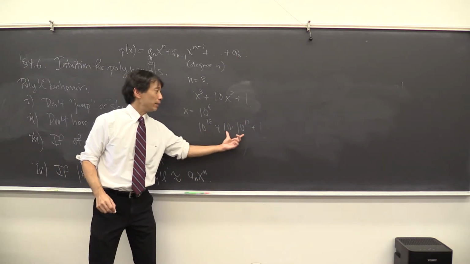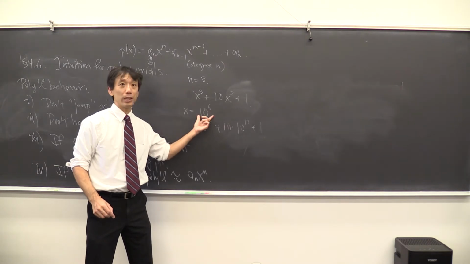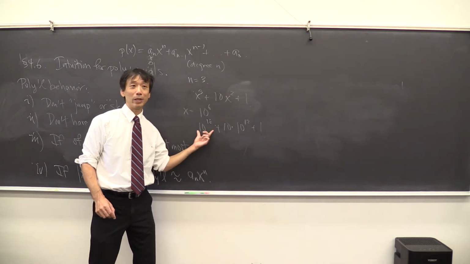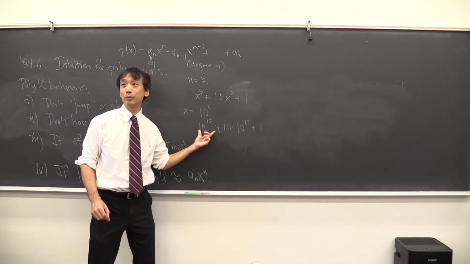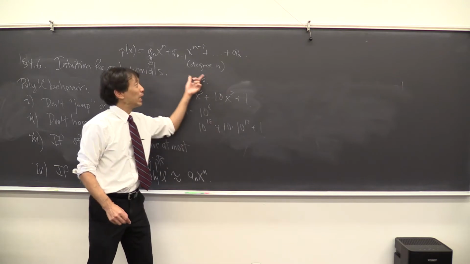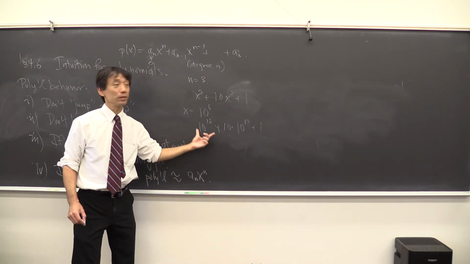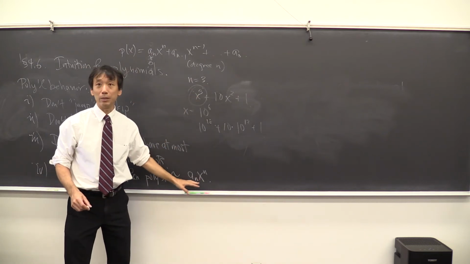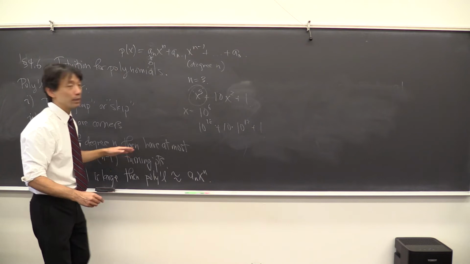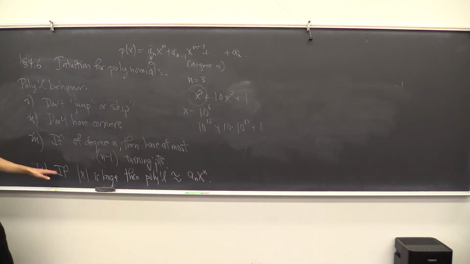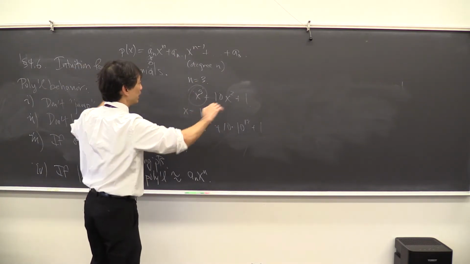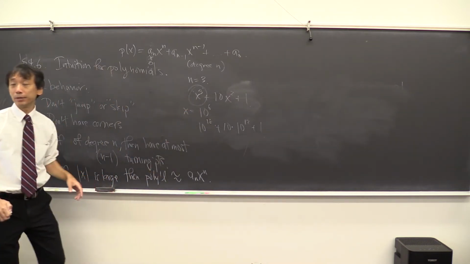But when you get up to really large values, these terms aren't really going to matter in comparison with the top term. So the behavior of the polynomial is going to be dominated by its top term. That's what this last one is saying: if you're looking at it way out, away from the origin, then the top term dominates the behavior.